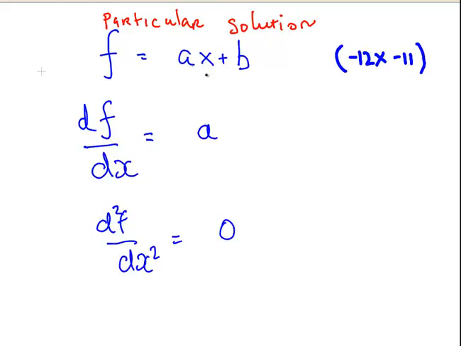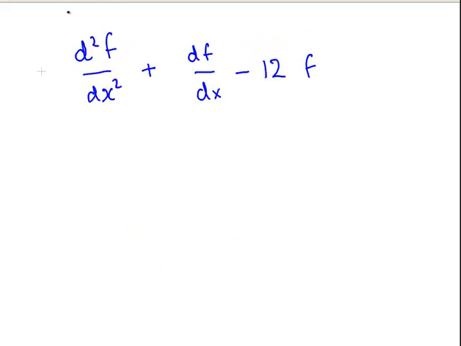So what I'm going to do is take the derivative of ax plus b. Essentially, we have to find out what a is and what b is. The first derivative of f and the second derivative of f with respect to x are a and 0 respectively. What we're going to do is put these values into our equation here.